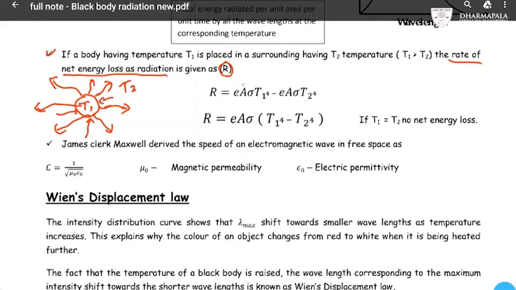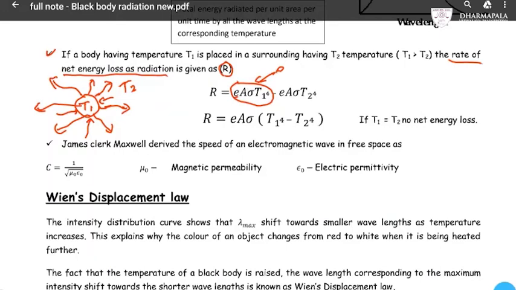This part is the amount of radiation being emitted, because this E is for the emissivity. And this part gives the amount of radiation reabsorbed. To find the net amount, you have to subtract the absorbed amount from the emitted amount.